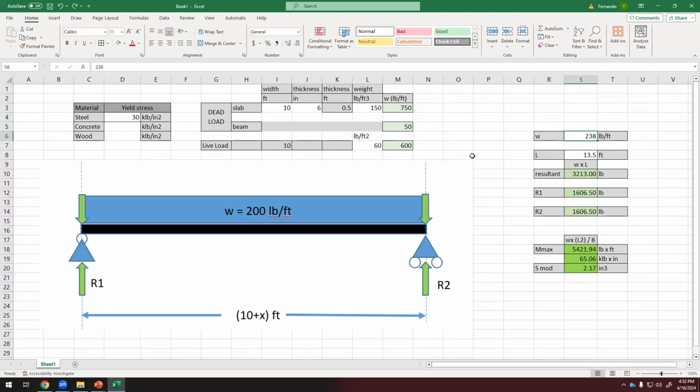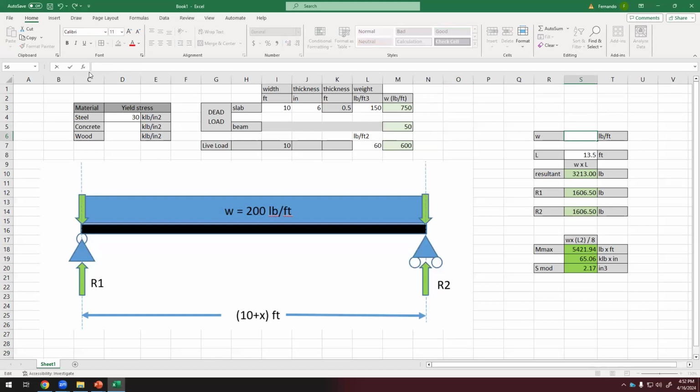I'll do it again. Okay, so I have to add up the live load, the dead load because of the beam, the dead load because of the slab. So I have to add everything up. And this is the cell that I have to update now. So I select that cell.